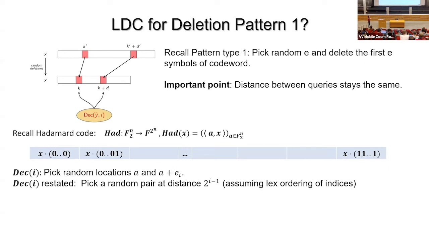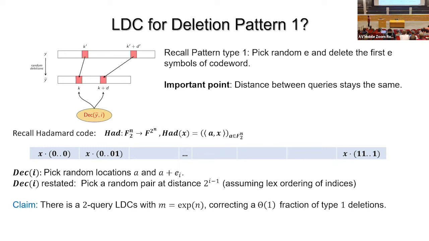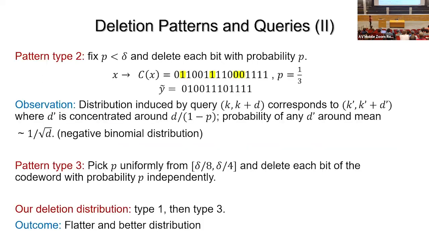Instead of picking a and a plus e_i, we're going to pick a random pair that is a distance 2 to the i apart, assuming that I'm listing things in lexicographic order. Okay, so it turns out that just a little bit of massaging of the Hadamard code actually gives us 2-query LDCs for these patterns with exponential code word length.